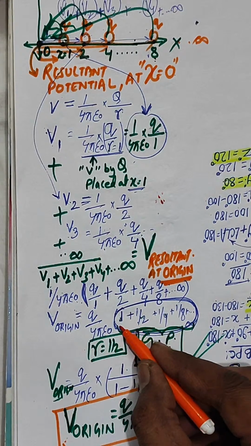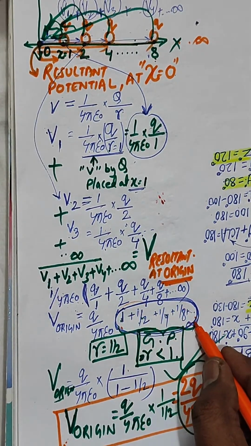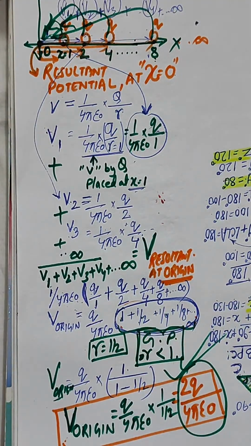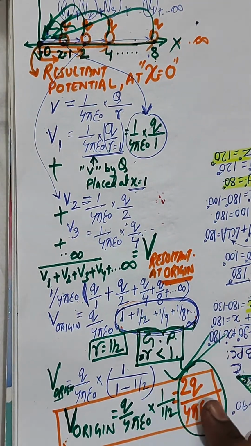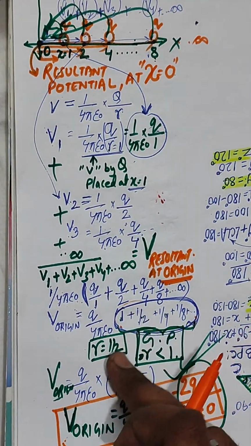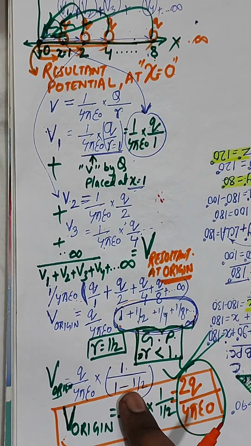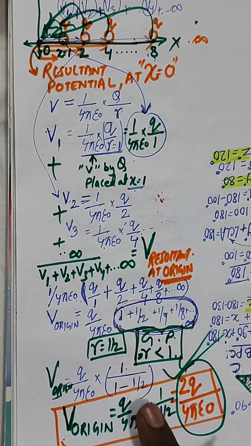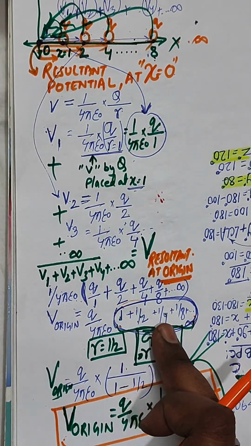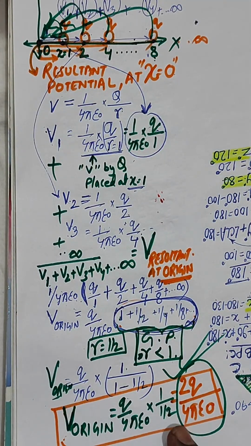Yes, exactly, 1 plus half plus 1 by 4 plus 1 by 8, all this is a geometric progression, and for a geometric progression where the common ratio is less than 1, here we have common ratio r equal to 1 by 2. So the sum will be 1 by 1 minus r, right? This will help you calculate the sum of 1 plus 1 by 2 plus 1 by 4 plus 1 by 8 till infinity, and this will come as 1 by half.